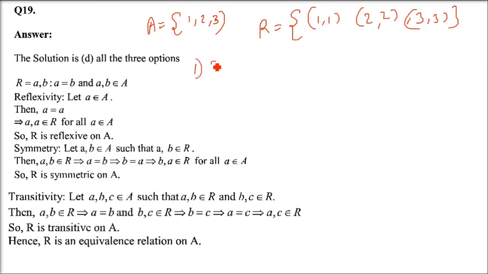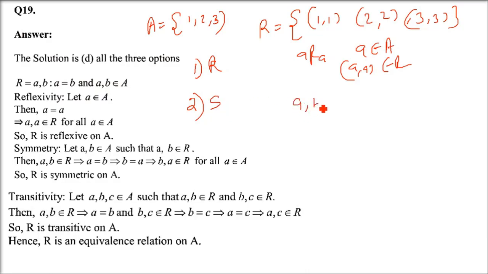All three options. When it is reflexive, every element is related to itself. So A is related to A, B related to B, C related to C. So 1, 1, 2, 2, 3, 3 is already there. A comma A belongs to R because A belongs to the set A. Symmetric, let us find out. Symmetric means if AB is there, BA should be there.